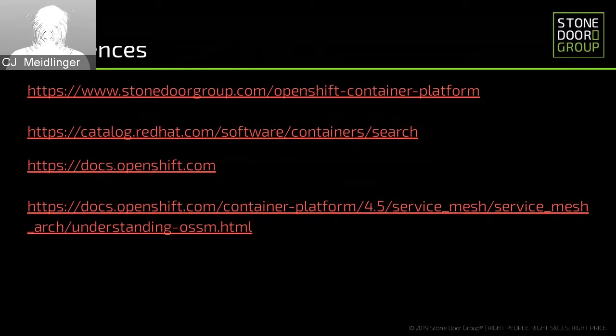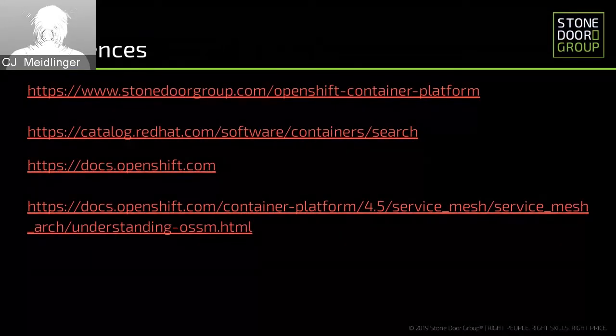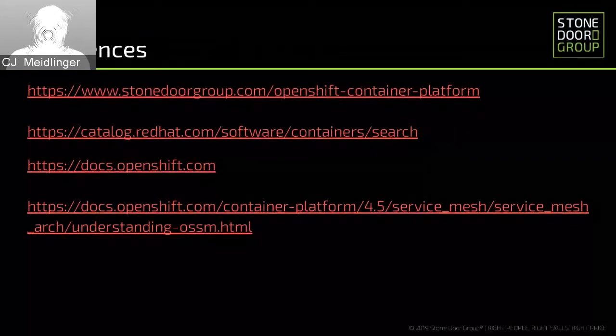The second link is a link to the container catalog for Red Hat. And this is a huge, huge advantage to going with OpenShift because Red Hat has its own curated catalog. Some of them are developed within Red Hat. Some of them have upstream, community counterparts.